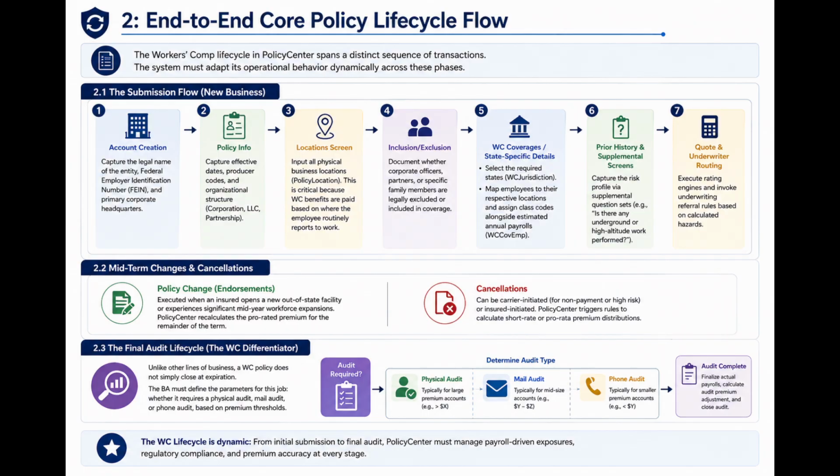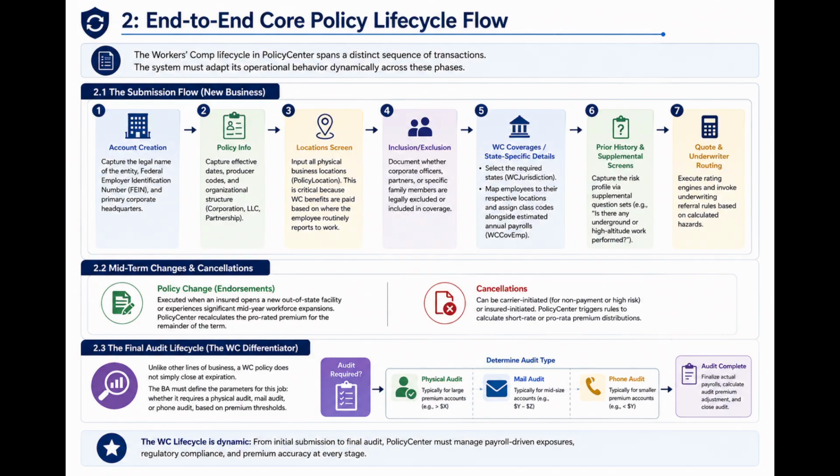Once locations and individuals are defined, the user enters the core workers' compensation coverage and state-specific details screen. Here, PolicyCenter establishes the active jurisdictions based on the locations entered, mapping covered employees to their respective physical locations.